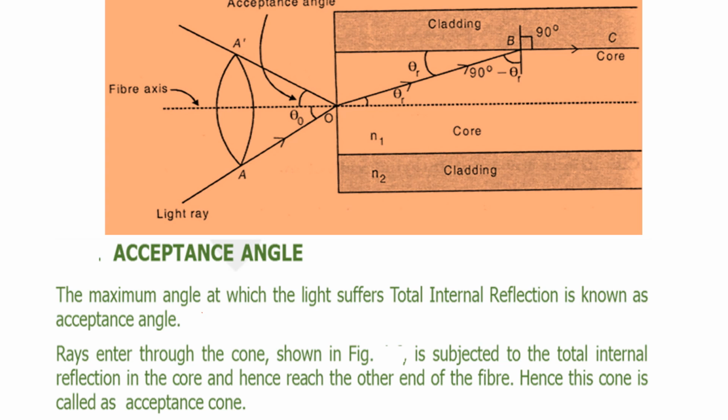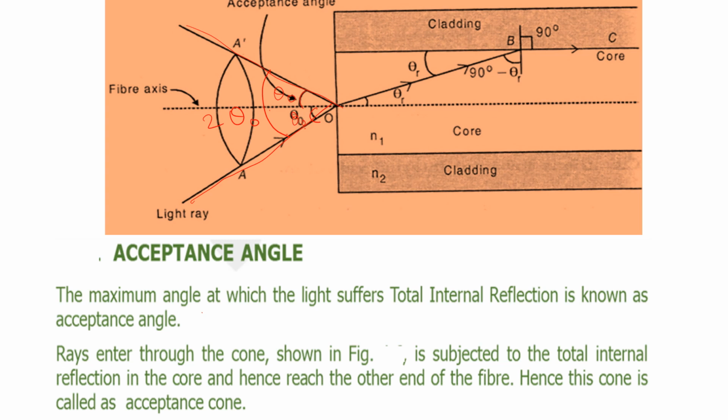Now, what is the acceptance cone? Consider the light beam falls at theta naught on one side of the fiber axis and theta naught at the other side of the fiber axis. Then together, like a cone, a 2 theta naught angle will be there.